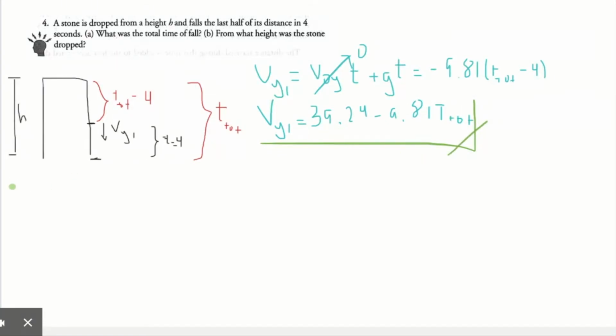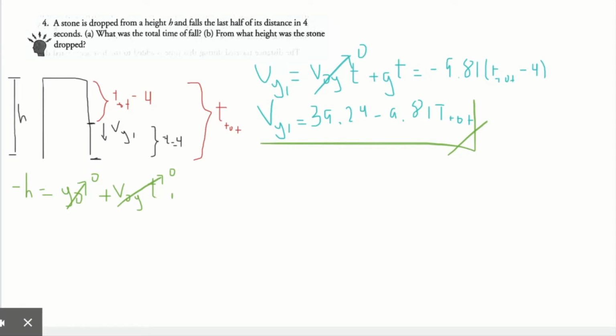When the stone is at minus h, we can make our frame of reference here, hence the initial position on y is 0. Plus, because you dropped it, the initial velocity on y is 0, and any number times 0 will be 0, so we won't care about this.